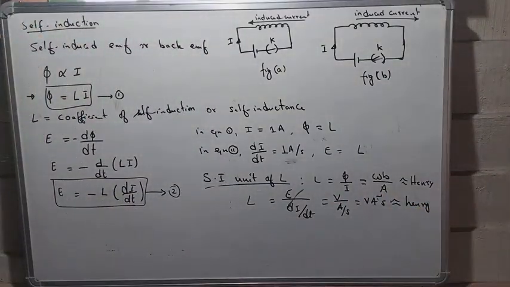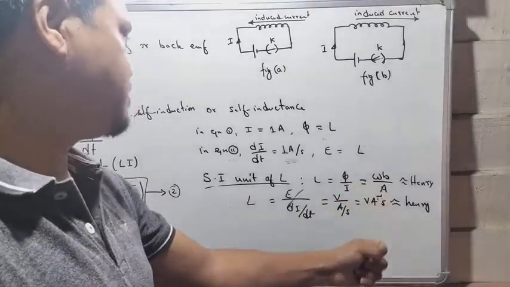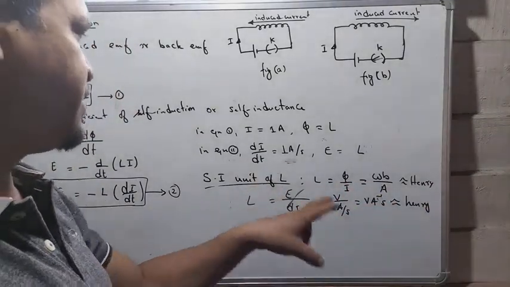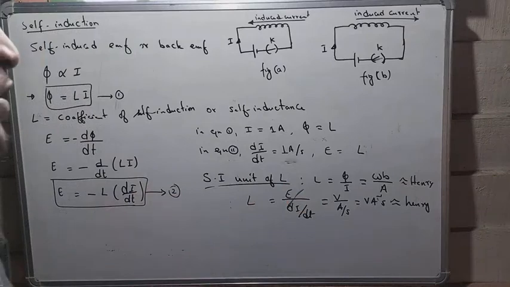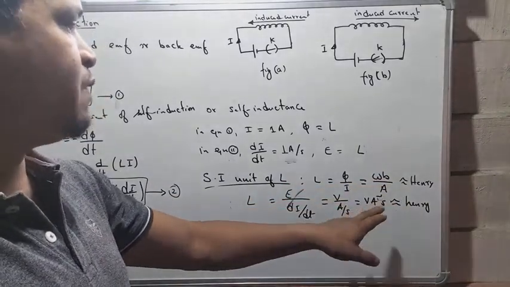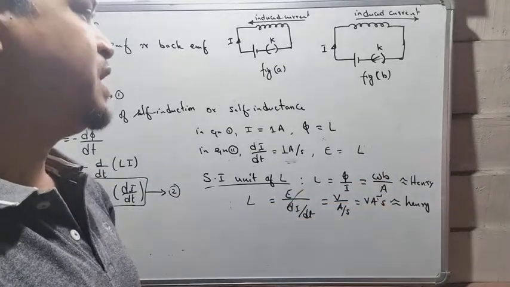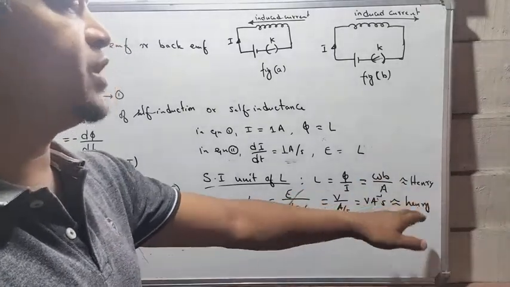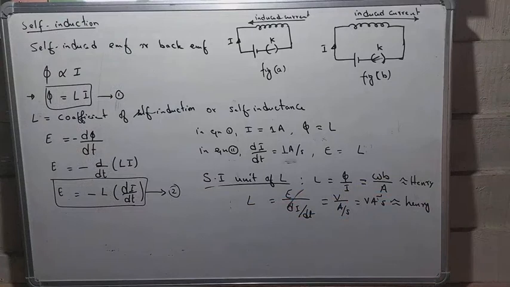Please note down that there are two derived SI units of self-inductance: one is Weber per ampere and the other is volt per ampere second. Both of these units are equivalent to Henry.